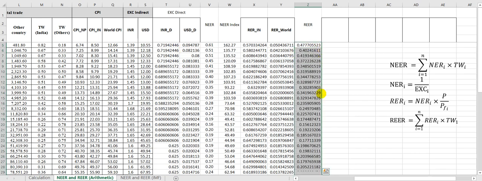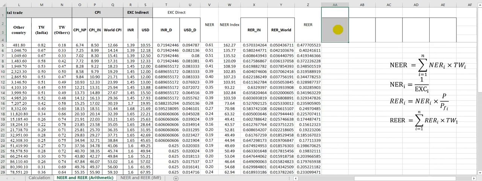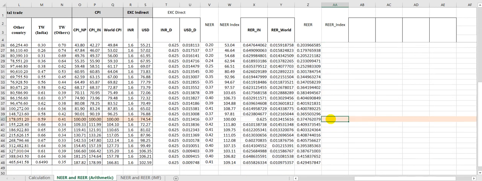Let's double click on it, and my concern is to create an index. So, the RER index. Since my base year is 2009-10, I will make this year's index value 100. So I'll fill this cell and multiply it by 100. It will be 100, and I will simply drag it down.